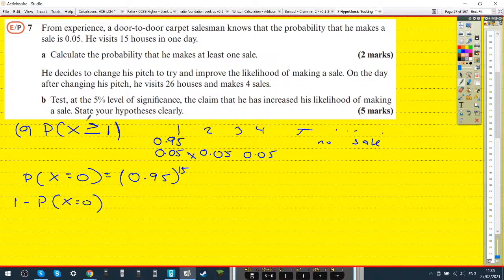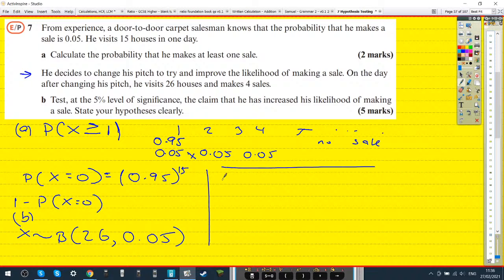Alright, let's try B. So X is binomially distributed, with 26 and then 0.05. Well done. And then the null hypothesis is p is equal to 0.05.